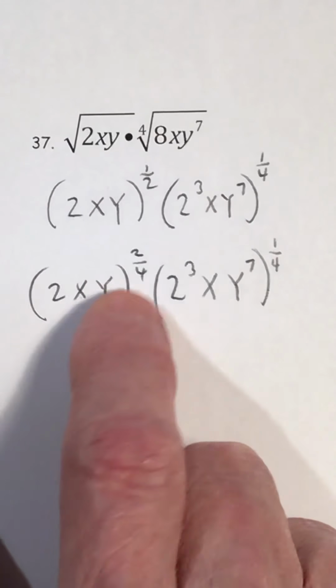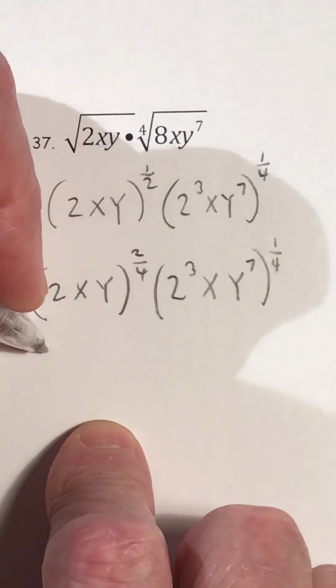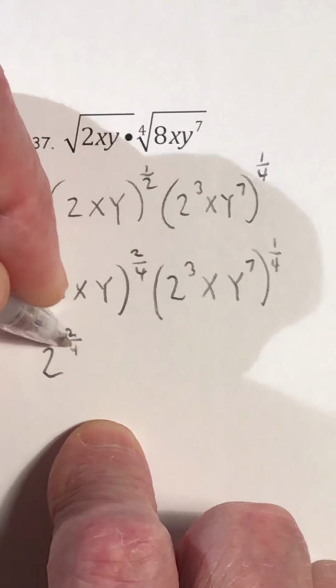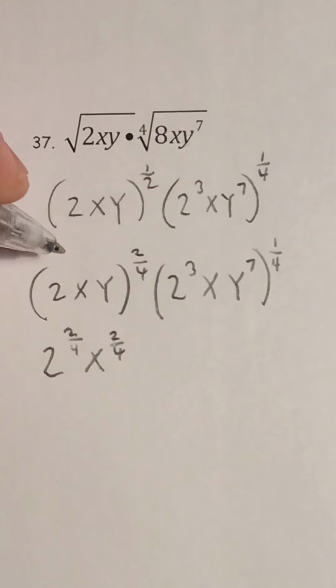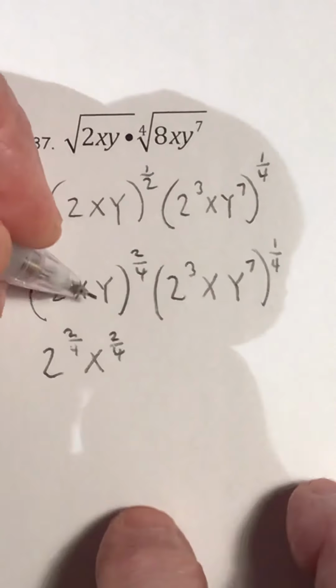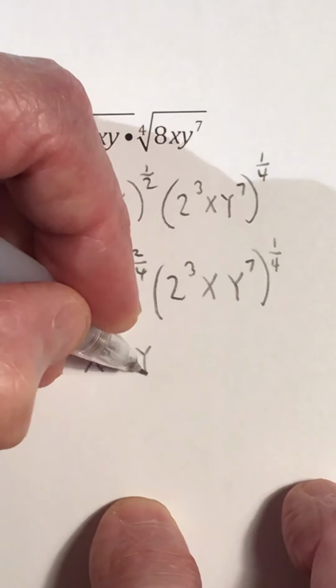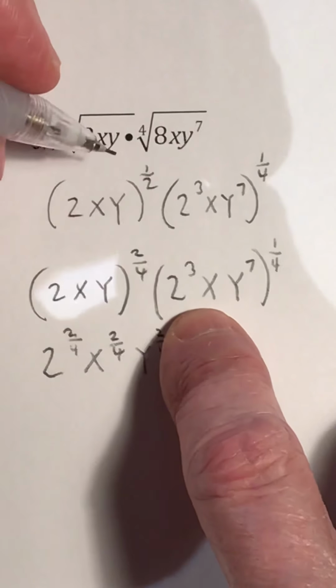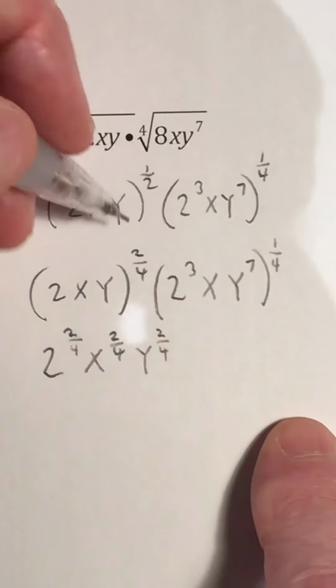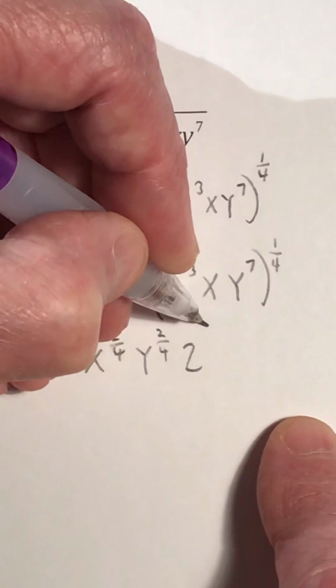Now everything in here is to the 2/4 power, so I'll write 2 to the 2/4, x to the 2/4, y to the 2/4. And here I have 2 to the 3 times 1/4 would be 2 to the 3/4.